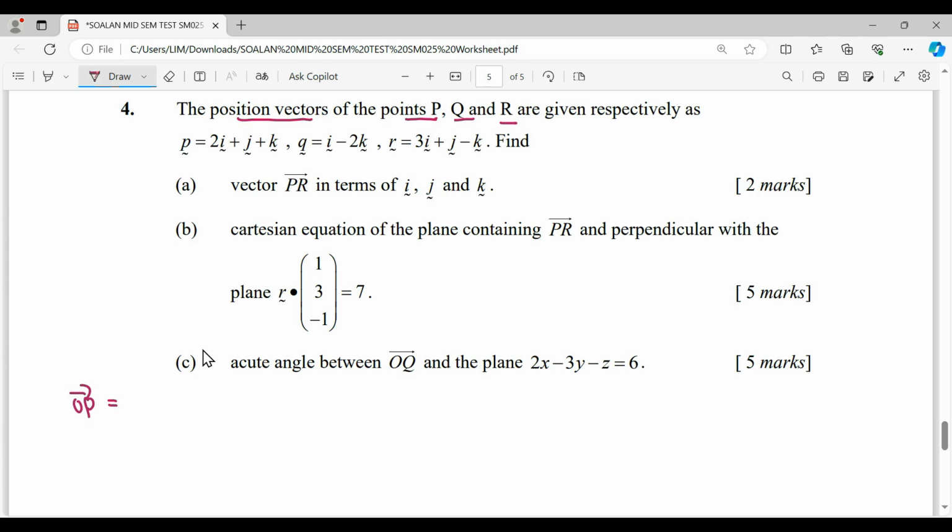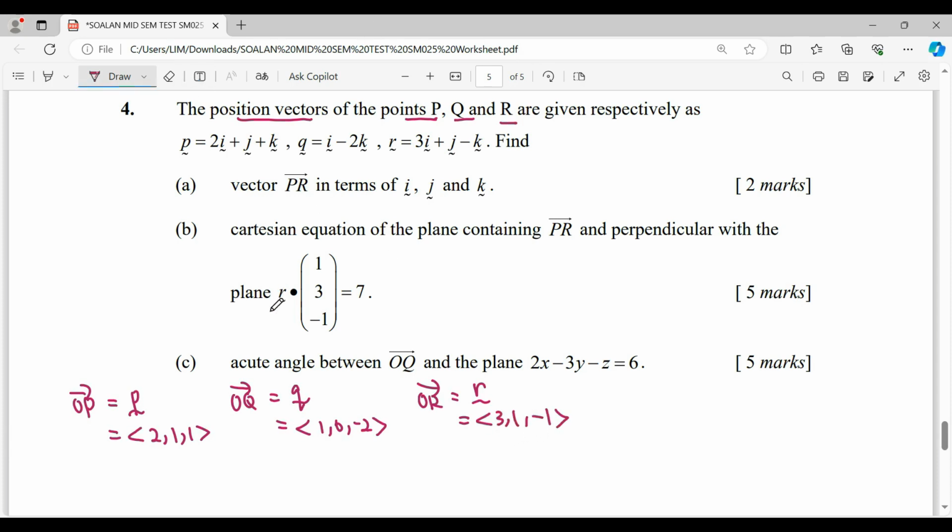So OP will be equal to the vector P, which is 2i, 1j, 1k. Then OQ is represented by vector Q, which in the question here is 1i, 0j, negative 2k. And OR is represented by the vector R, which is 3i, 1j, negative 1k.